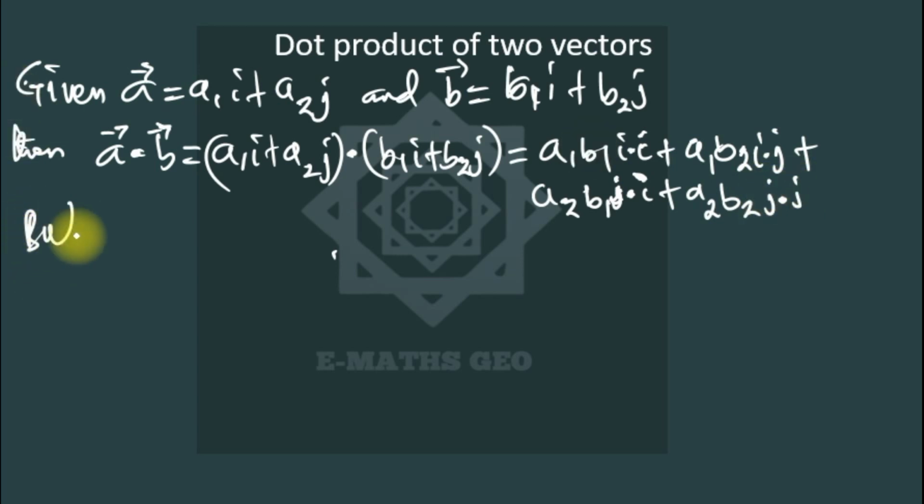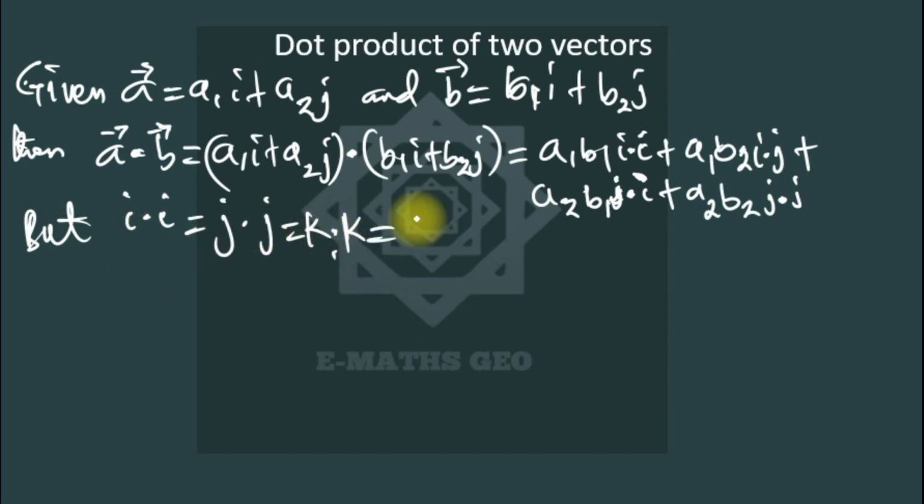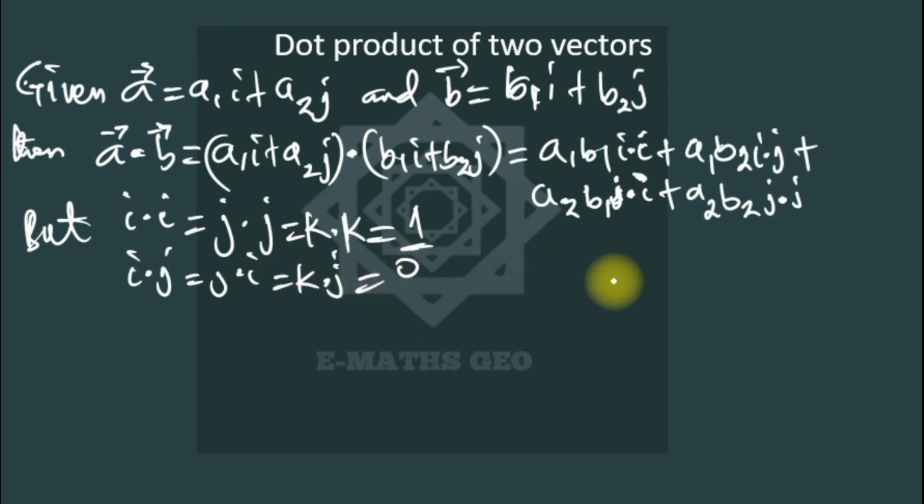But note this, that i dot i, j dot j, or if you are talking about 3 dimensions, k dot k, these are the unit vectors, they are always equal to 1. But i dot j, or maybe j dot i, or maybe k dot j is 0.